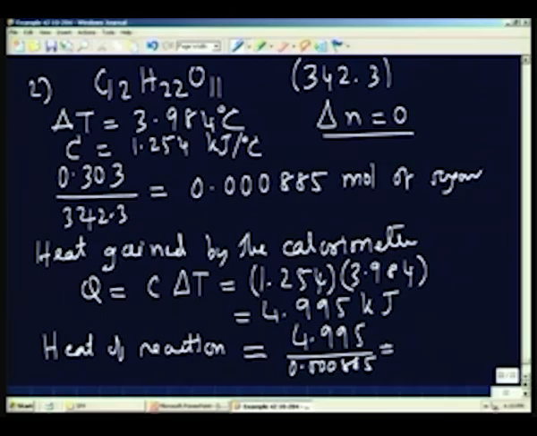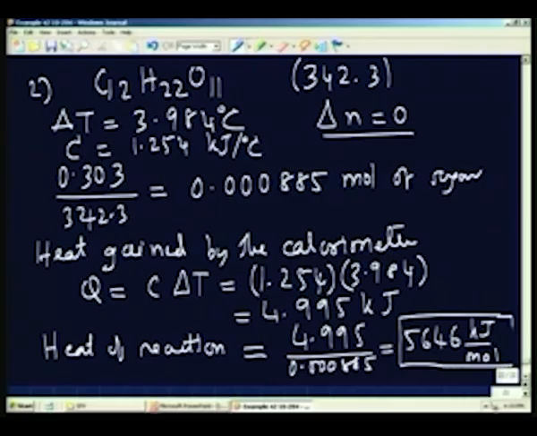So, this gives you a value of 5646 kilojoule per mole. This is in fact the heating value of sugar.